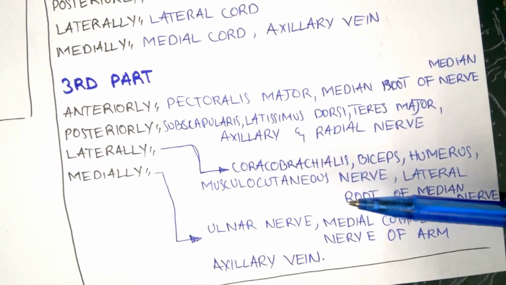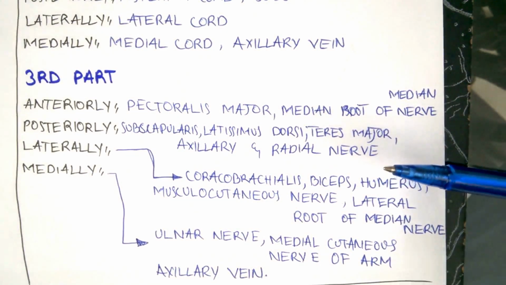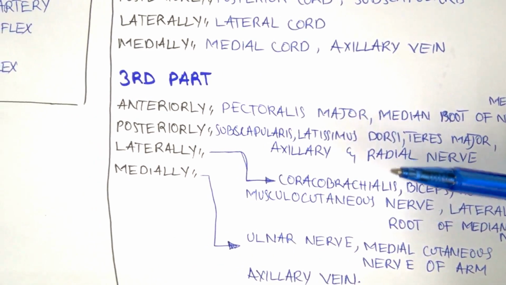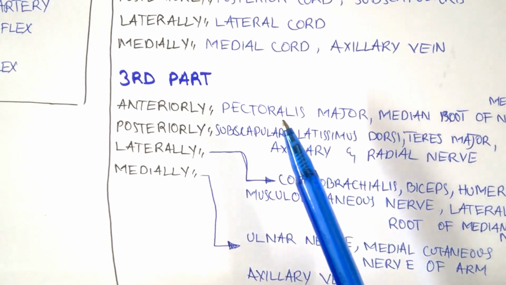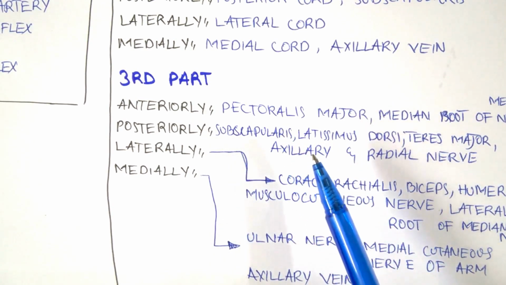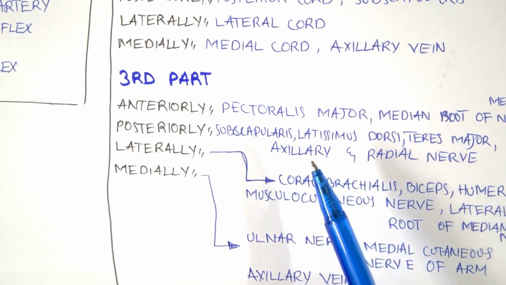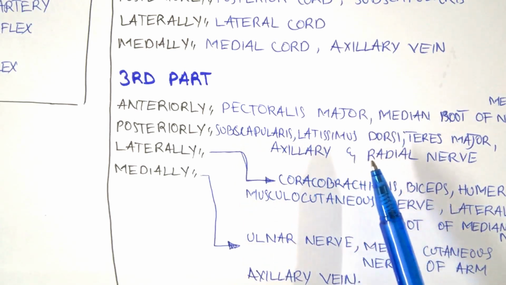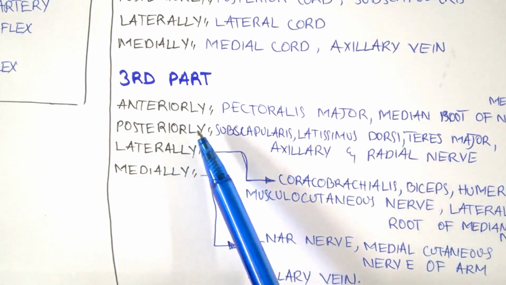And in the third part, this is a little tricky to remember, but you can see that certain branches of the brachial plexus, such as the axillary and the radial nerve, are actually branches of the posterior cord, so they are related posteriorly.